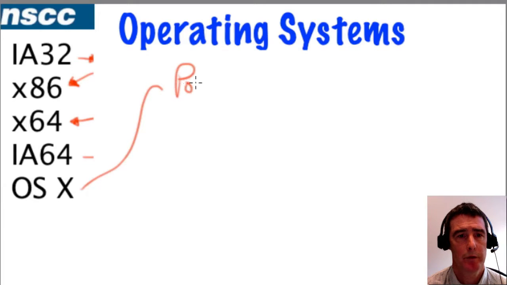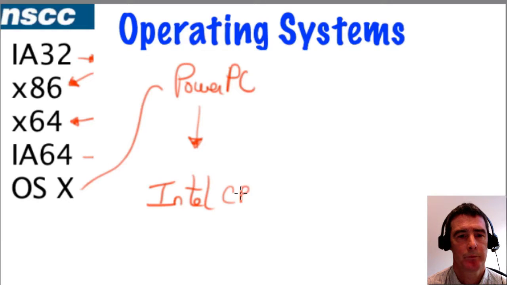They had a PowerPC, and then around the Lion operating system, they started to turn over all their computers to use an Intel CPU. It was mostly because the PowerPC couldn't run as fast and couldn't run as cool, and Intel had a more efficient CPU. So their original operating system ran on PowerPC.